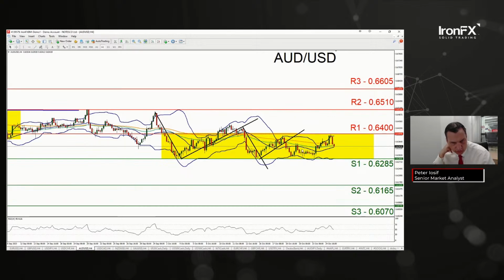On the fundamental level, the slowdown of the CPI rates for quarter 3, despite not dropping as much as the market had expected, I would still note the easing of inflationary pressures within the Australian economy, which may allow the RBA to maintain rates unchanged and not to proceed with another rate hike in its next meeting, which most probably will be not next Tuesday, but Tuesday the 7th of November. Let's have a look. 31st. Yeah, the 7th.